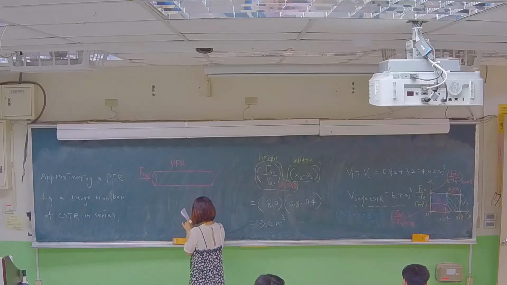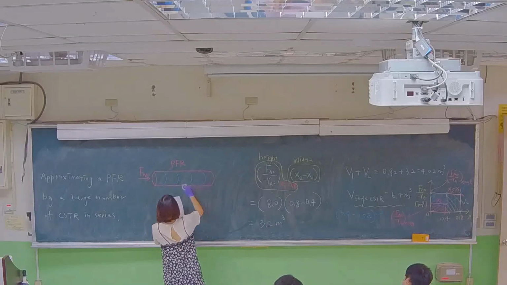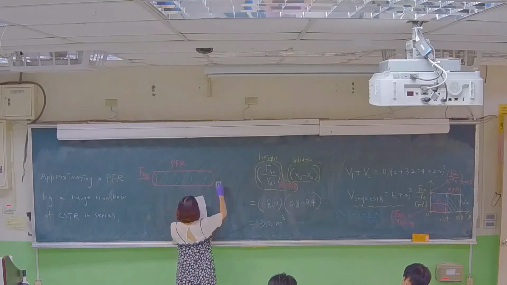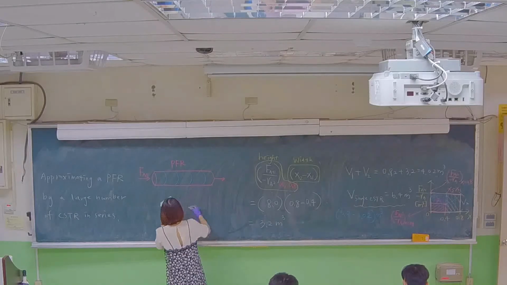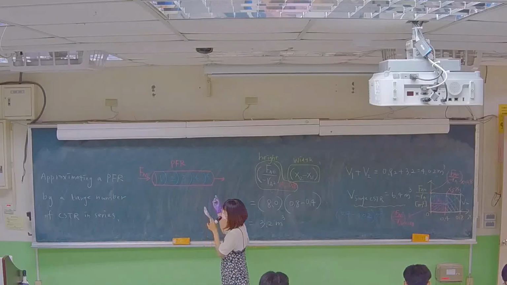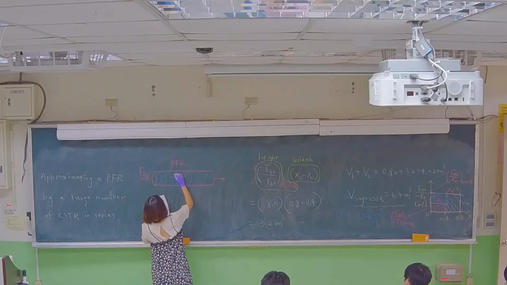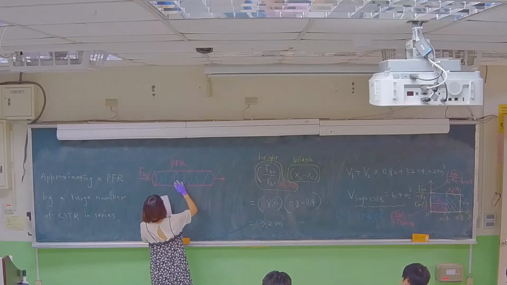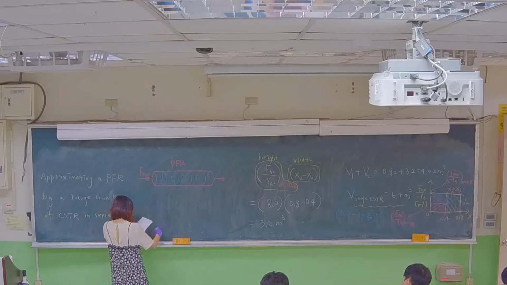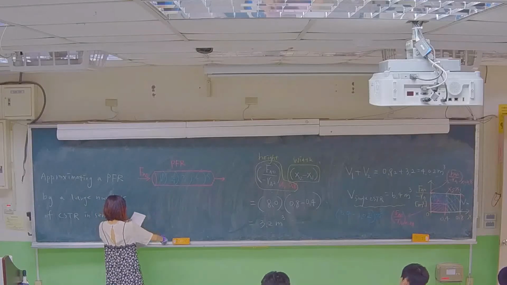So first, let me divide this PFR into several pieces. Let me have 5. Now, you can have many pieces, right? So let me just separate it into 5 pieces. And then if you turn this reactor this way, you get five reactors.